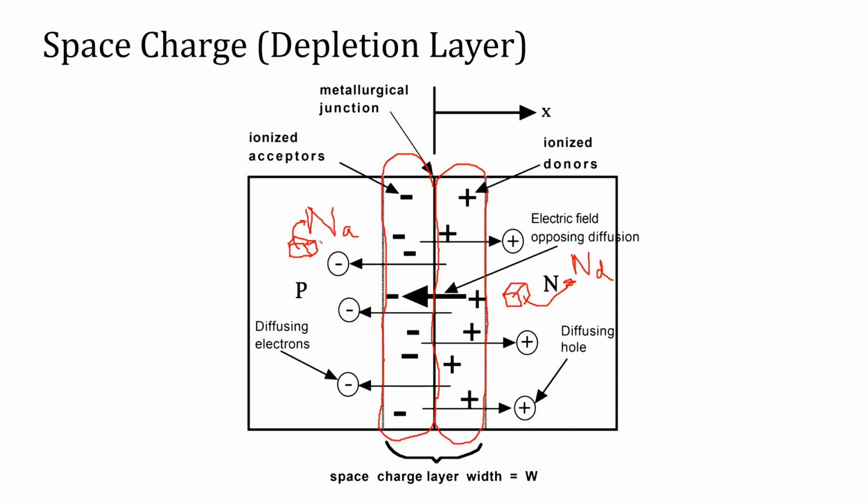If Na was the hole density, then each hole will leave behind a negative charge, so the density of negative charges will also be Na. Similarly, the density of positive charges will be Nd. So this region is known as the depletion region because there are no charge carriers, only immobile charges.